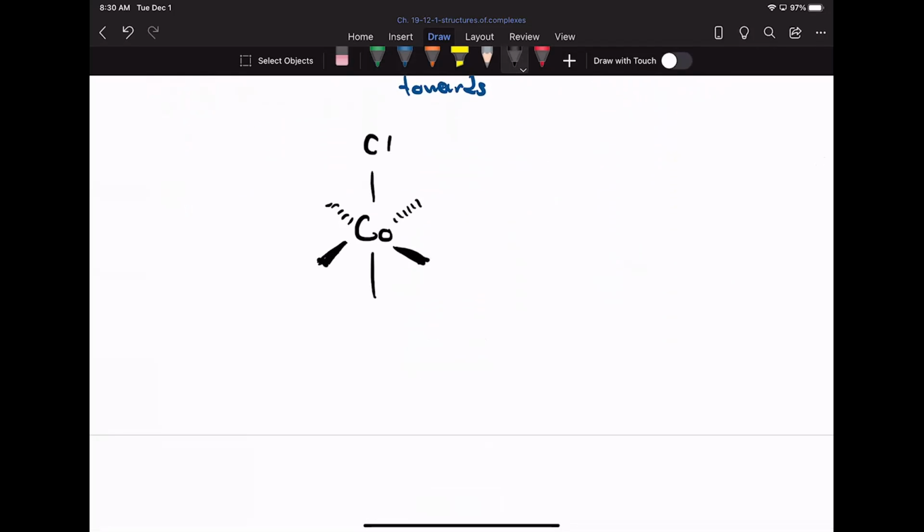So if we put a chlorine up here and a chlorine down here, and then let's put water on the other ones. When we look at this, this actually represents a trans configuration, right?